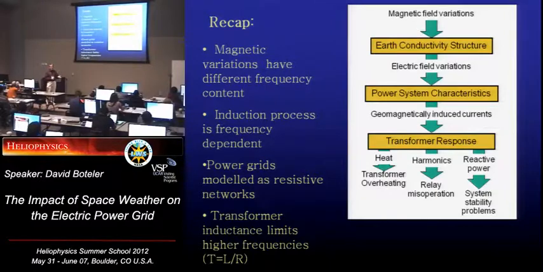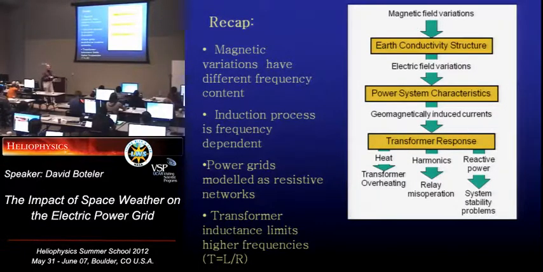You've got the substorms a bit faster, you've got pulsations, and then you've got the SSC. Because of the Earth response, that's going to accentuate the higher frequency fluctuations and give you larger electric fields.